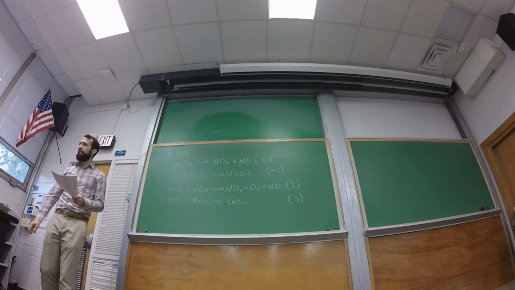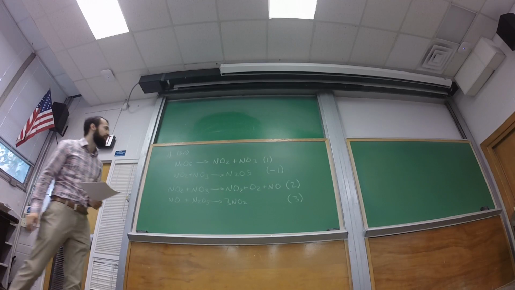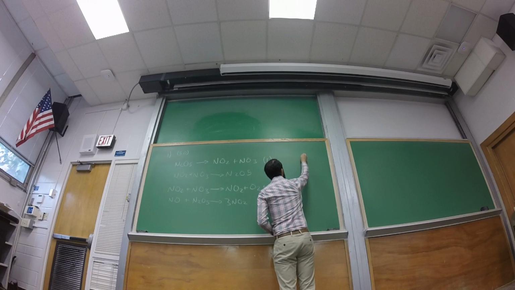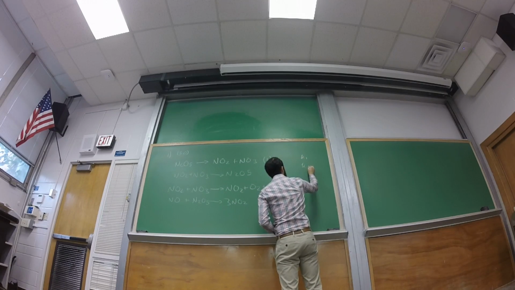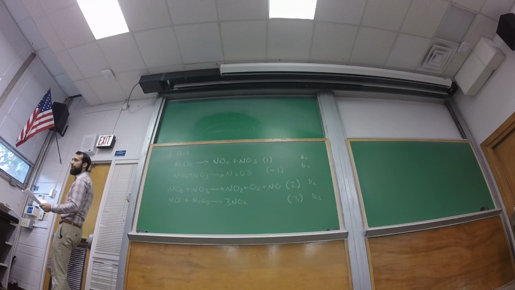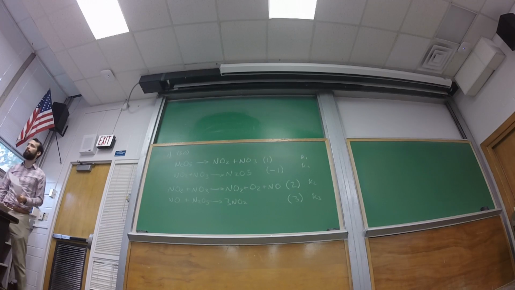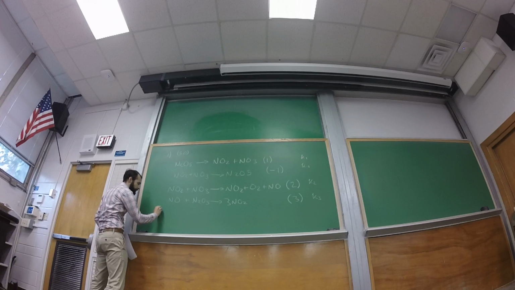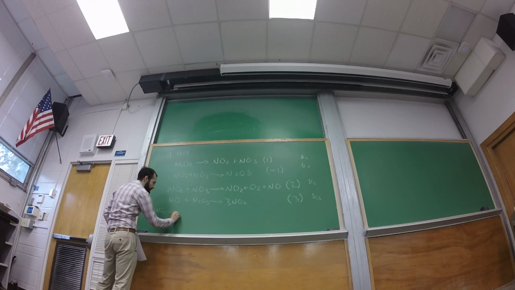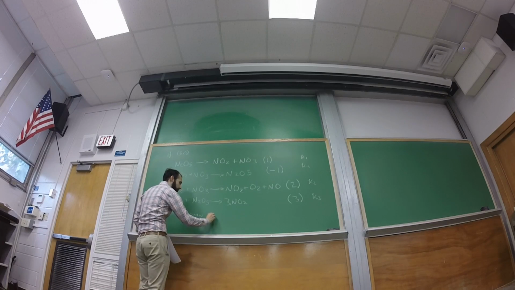Okay, and the rest of the problem reads, the rate coefficients are defined with respect to a reactant species. So out here, I also have K1, K-1, K2, K3. The concentrations of the intermediates NO and NO3 remain small relative to the concentrations of reactants and products. So just briefly, NO and NO3 remain small.